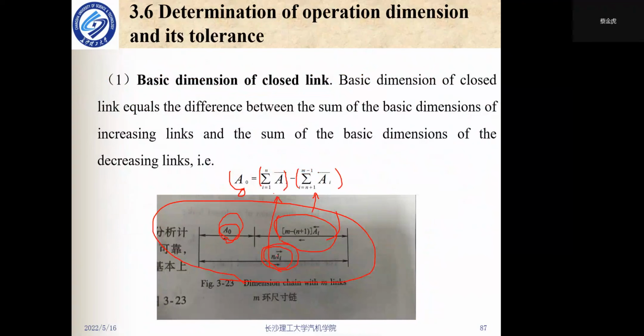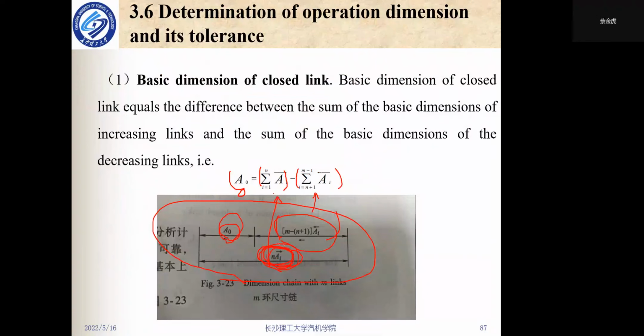If we increase this value, this value will increase at the same time, so this dimension is increasing link.